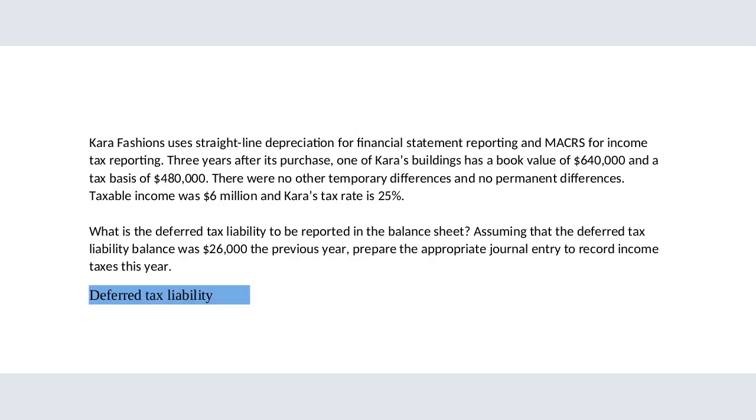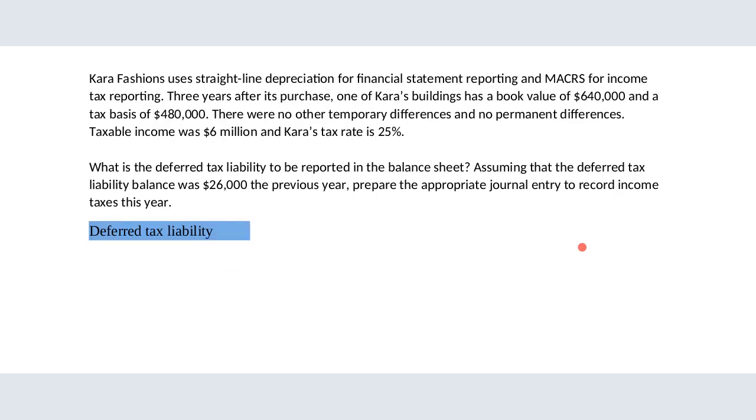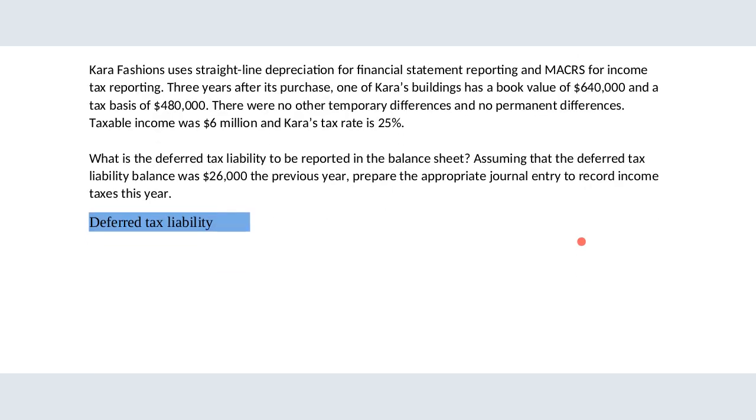Okay, Cara Fashions uses straight line depreciation for financial statement reporting, and MACRS for income tax reporting. So 3 years after its purchase, one of Cara's buildings has a book value of 640,000 and a tax basis of 480,000. There were no other temporary differences and no permanent differences.